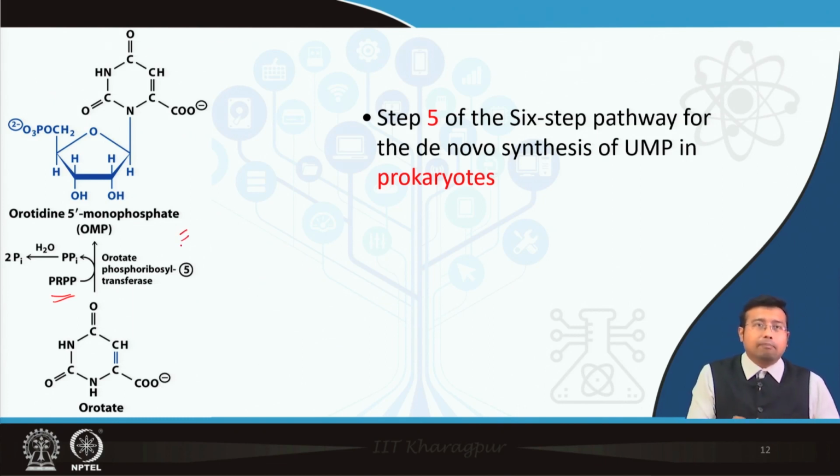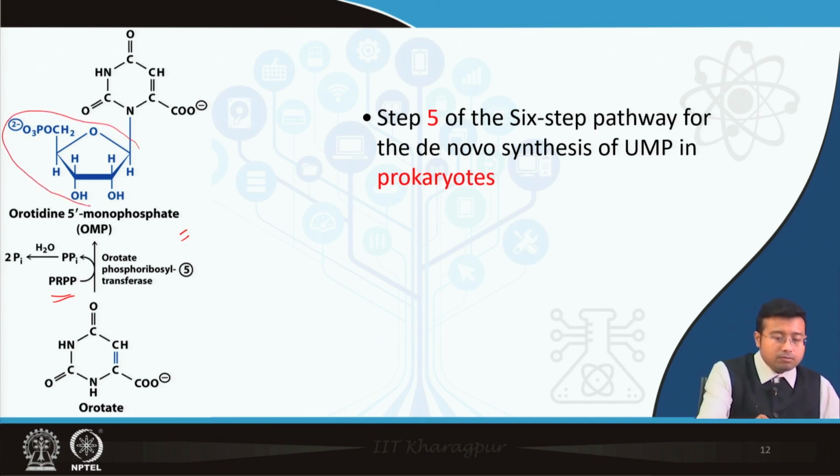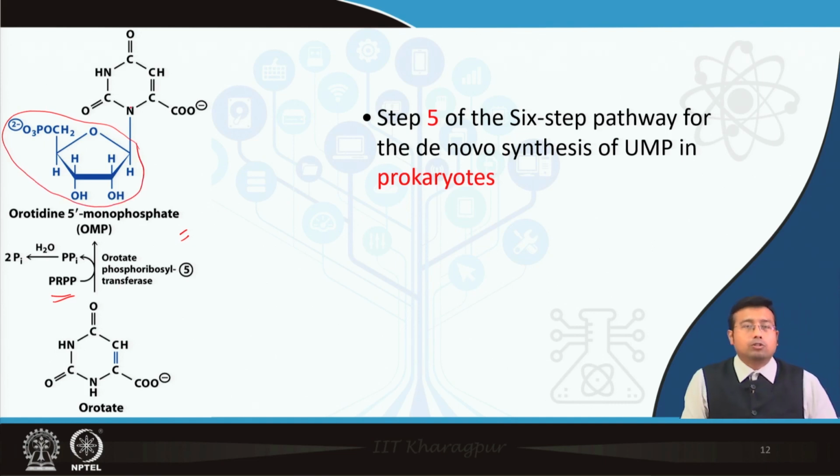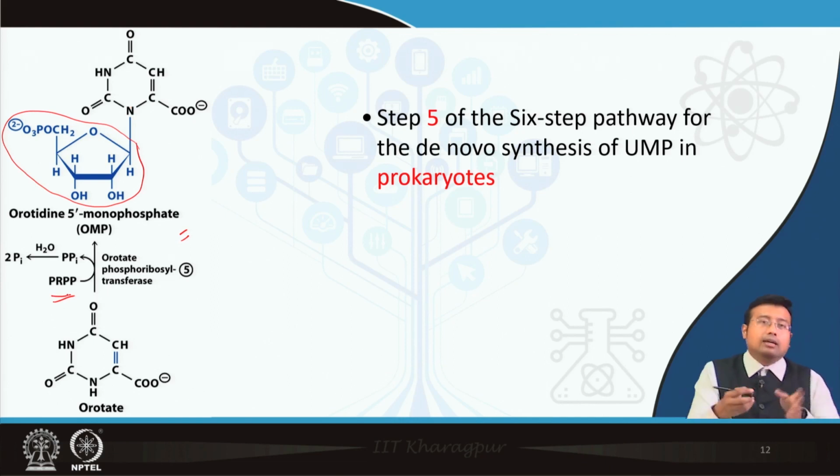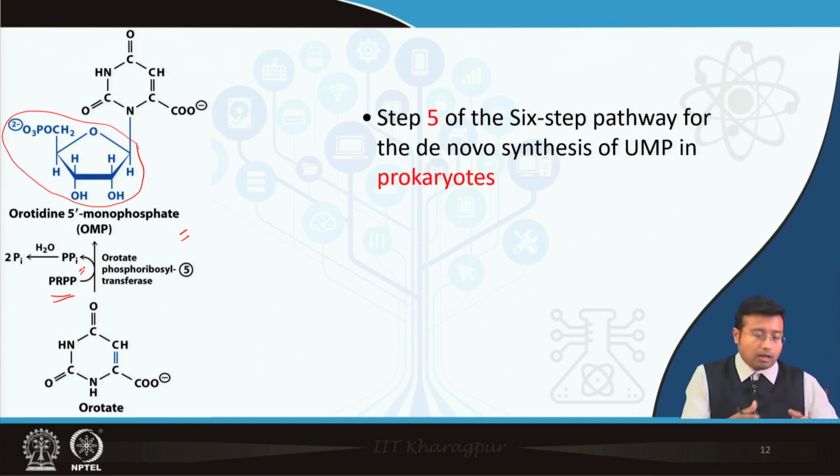Basically, the entire ribose phosphate molecule has been attached to the ring, and PRPP gets converted to pyrophosphate, PPi, which again hydrolyzes to form two molecules of inorganic phosphate.